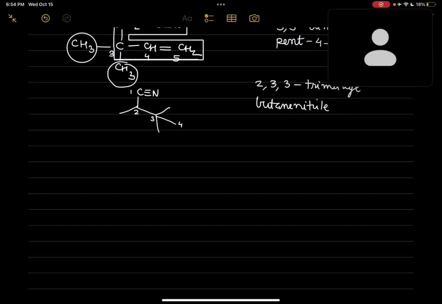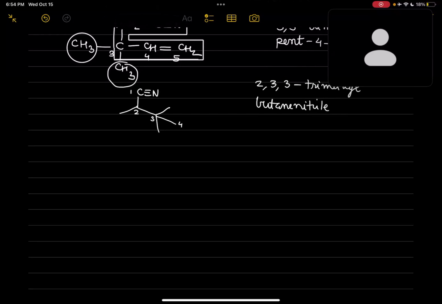Now aldehyde and ketone, very common and very important functions. The smallest aldehyde has one carbon atom, and the aldehyde suffix is al, that is methanal.